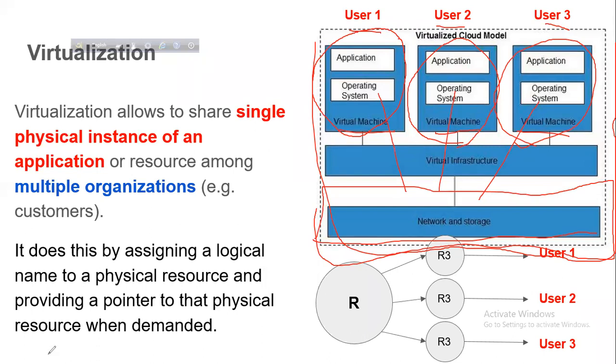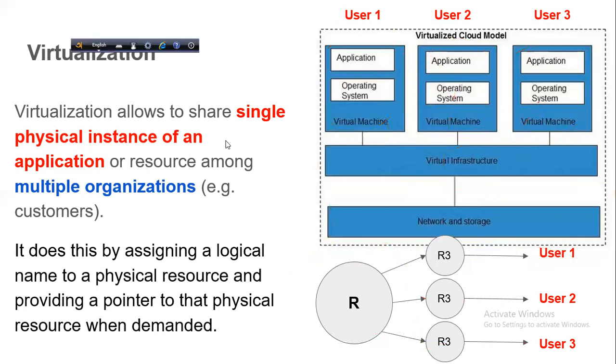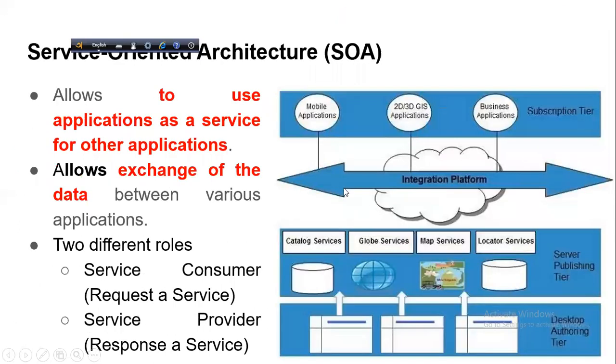How does it do this? It assigns a logical name to a physical resource and provides a pointer to that physical resource when demanded. So you give logical names and then assign those names to different users. This is how it works.